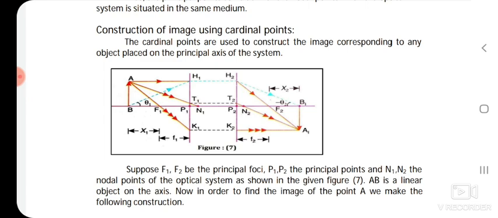Okay, we are getting A1B1 divided by AB is equal to F1X1.